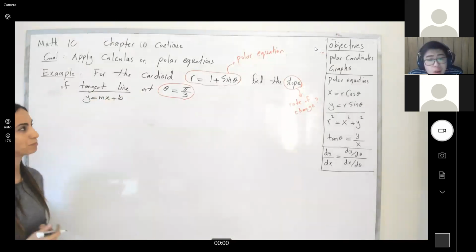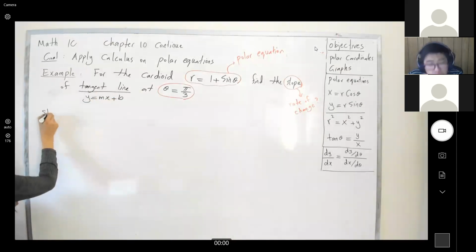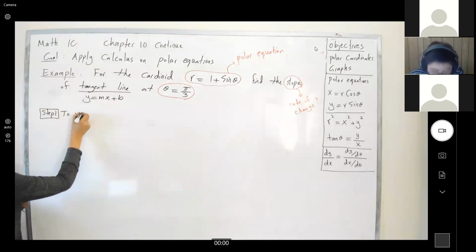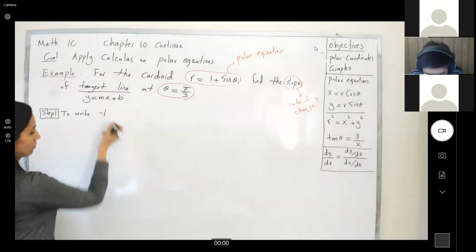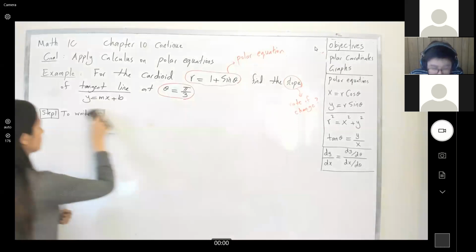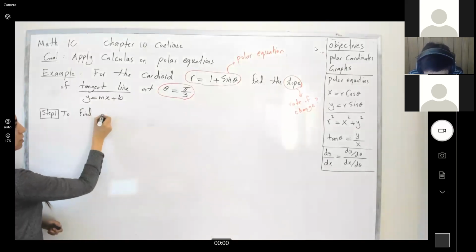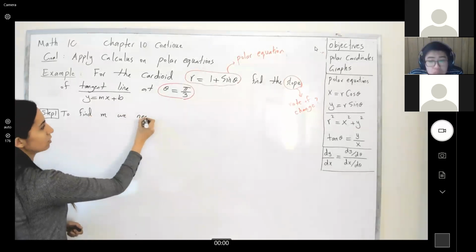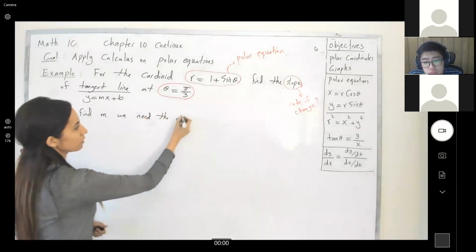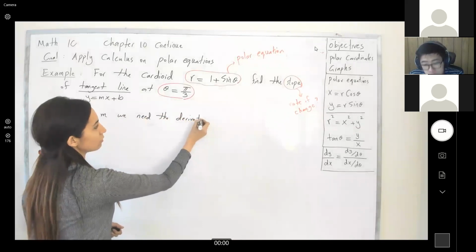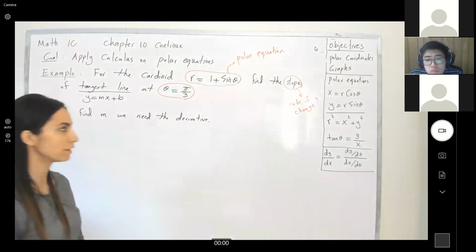What is m? So step 1, to find the slope, to find m, we need the derivative. This is your very first step. What derivative?